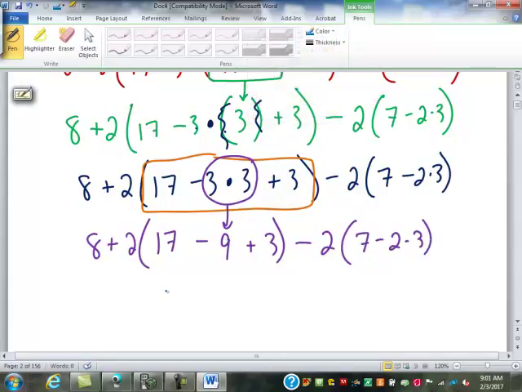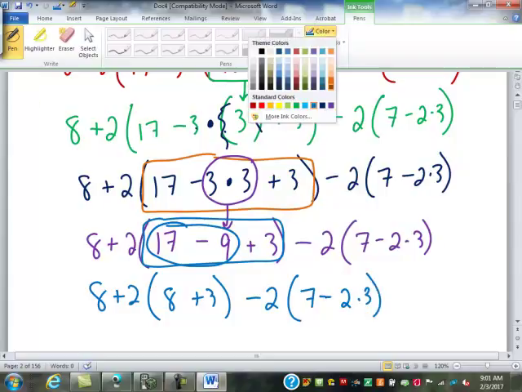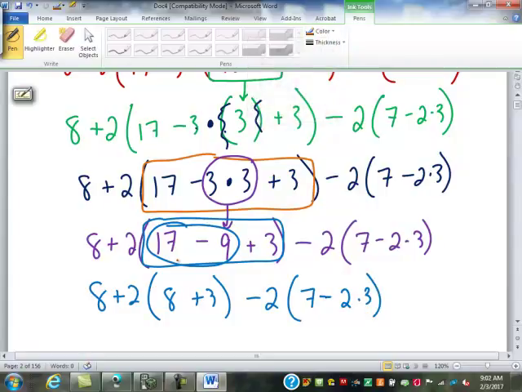So still inside that parentheses, no more multiplication or division. We're going to do addition and subtraction and go left to right. 17 minus 9 is 8. And now we have the 8 plus 3 is 11.